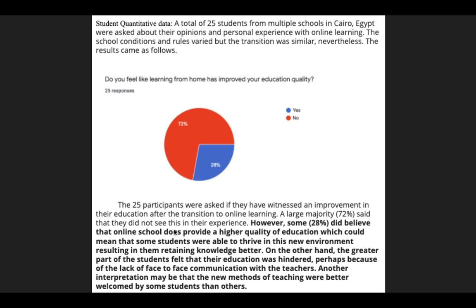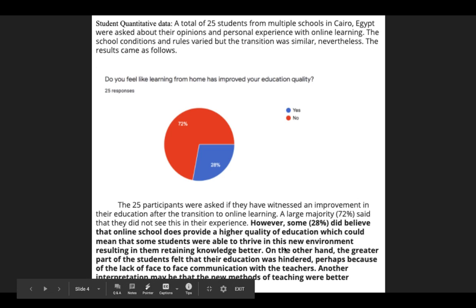We know that most people said that it had not improved their education quality. About a quarter said it had. We're not able to really explain why, but we can have a guess. Now, this student has taken a couple of guesses. She's just said some students were able to thrive in an environment, basically being at home and managing their own time.